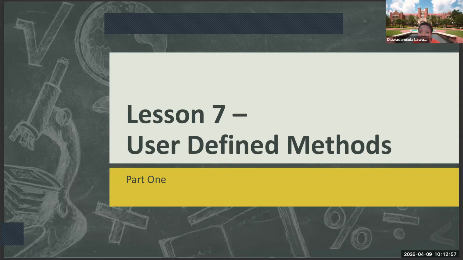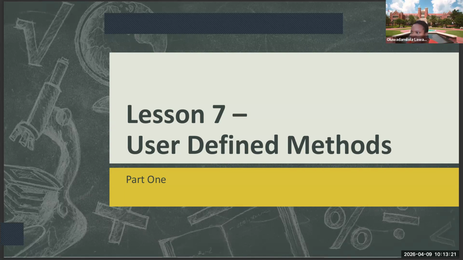What is the purpose? What will it do? Of course, you will be able to reuse this method even outside the main method. So you can call any of the methods you have declared even outside the main method.